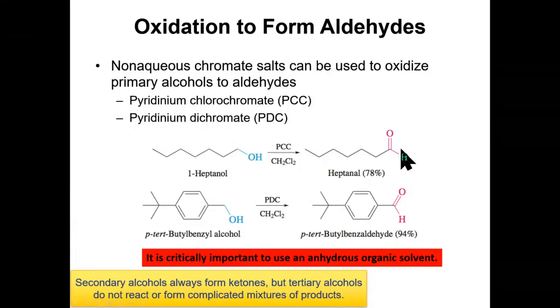Because we need a completely anhydrous system, we usually cannot use chromic acid if we want to get the aldehyde from alcohol. There are two commonly used chromium 6 chemical species.